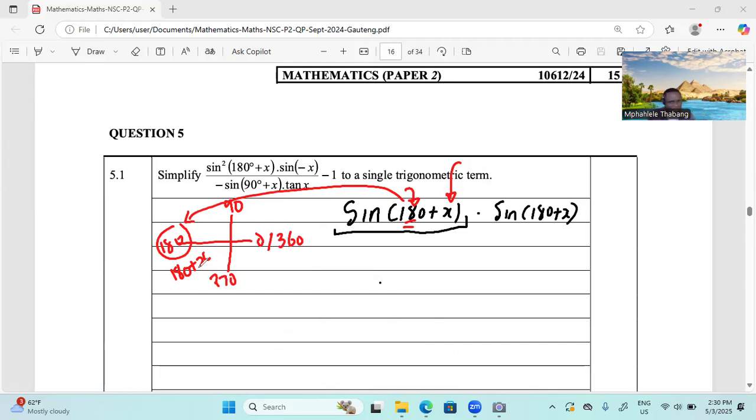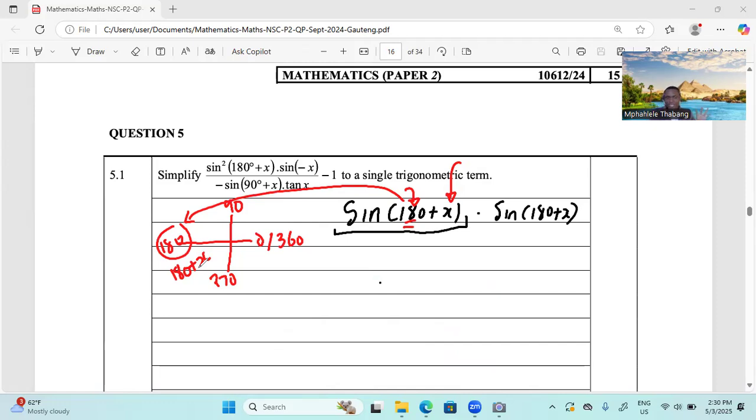You can add any value. You can even add 2. Let me think of 180 plus 2, which is 182, which is in the third quadrant. X represents any angle below 90, and 180 plus anything below 90 will put you in the third quadrant.